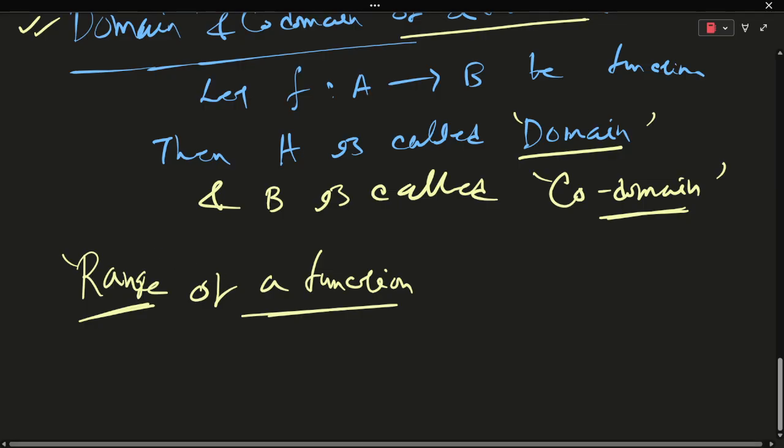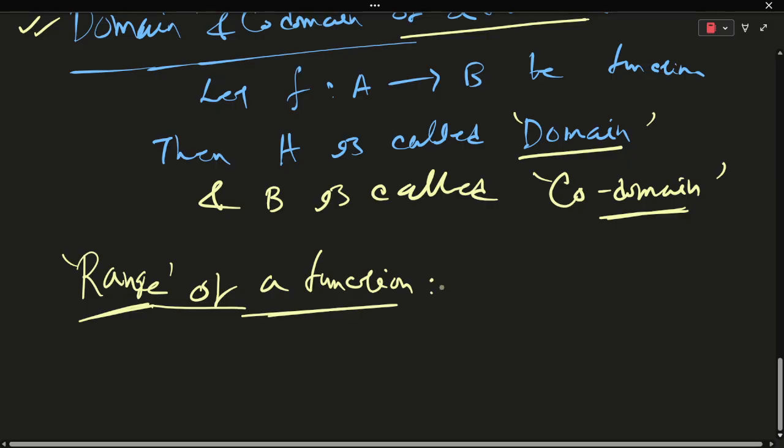So in a relation we read these two terms, domain and codomain. But range is a new term for function. F is a relation, but range is a specific word for function.